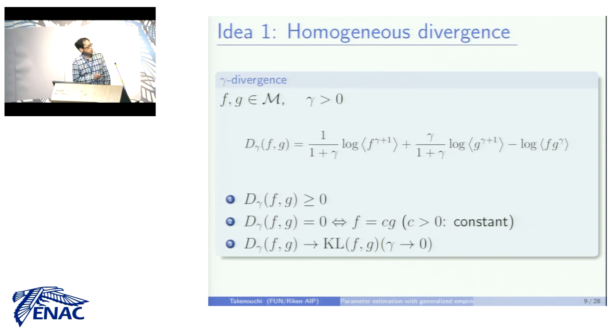And this is always non-negative, and this divergence is equal to 0 if and only if f is proportional to g. So this is a big difference from the Kullback-Leibler divergence or Bregman divergence. And this homogeneous divergence converges to the Kullback-Leibler divergence in the limit of gamma to 0.